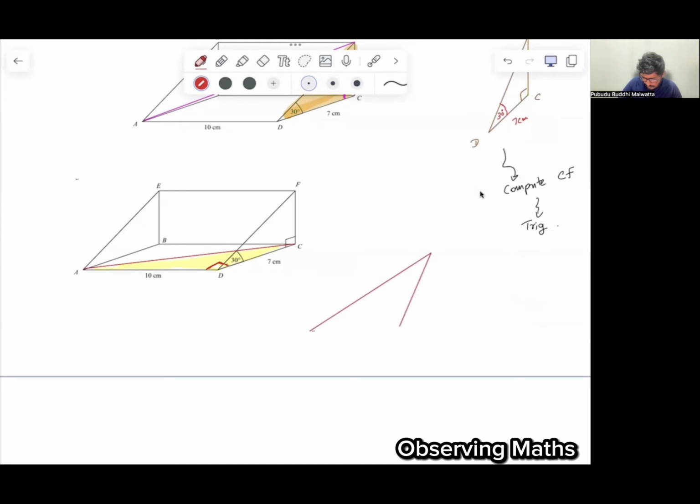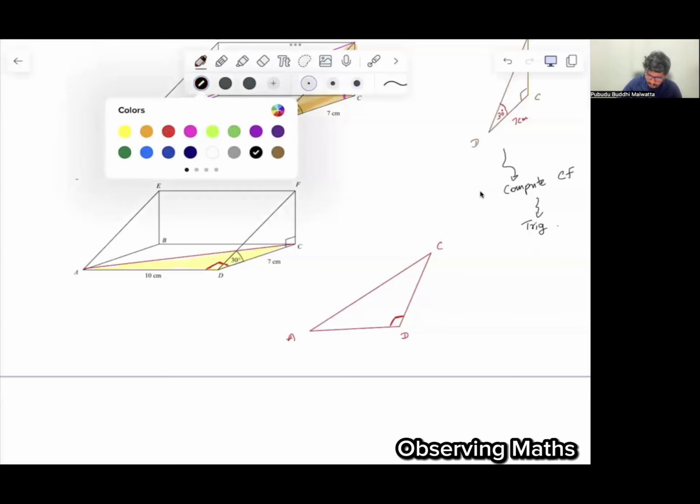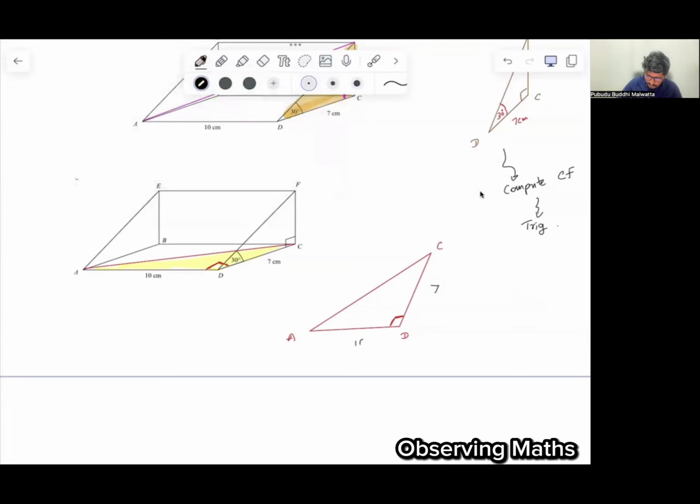So basically, everything is reduced to 3 triangles here, I think. I am using this triangle because we know a lot more about this triangle compared to the other ones. So 7 here, 10 here.